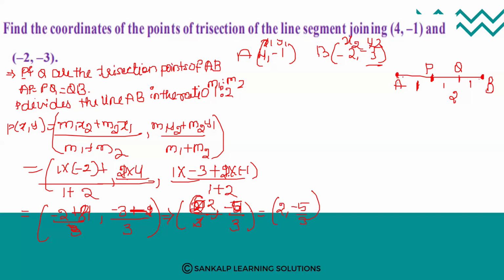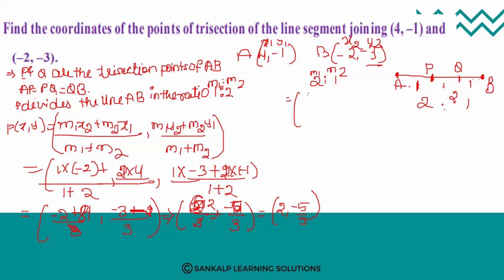Now, point P divides the line in the ratio 1:2. Like that, point Q divides in the ratio 2:1. See, A to Q is 1 plus 1, that is 2, and Q to B is 1. So 2:1. This is m1 and this is m2.